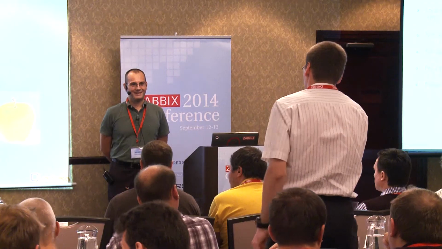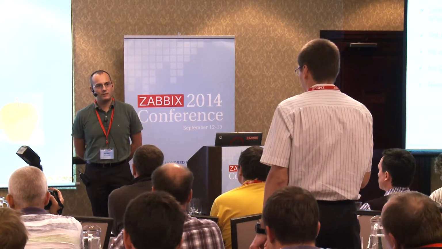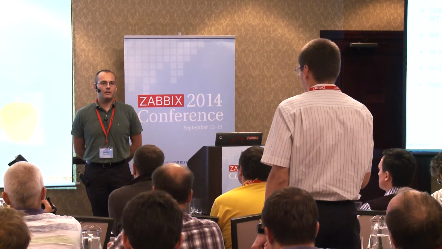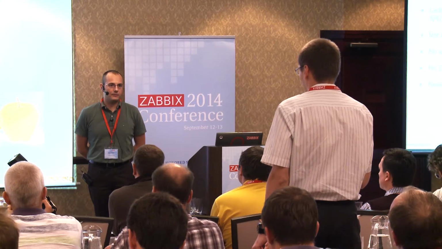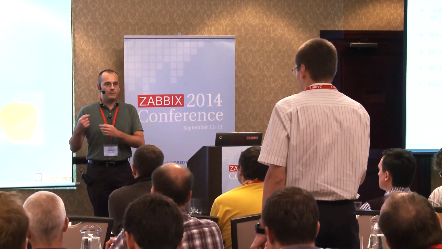I have a question about graph images. How can you receive the graph image through the Zabbix API? We don't use graphs from Zabbix. We collect the values of the items from the API.